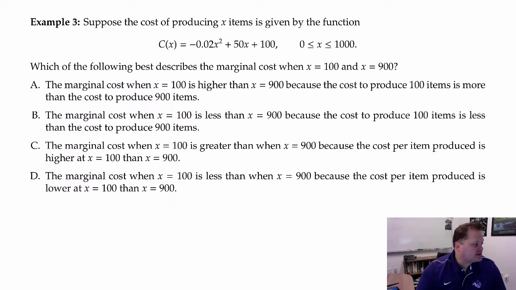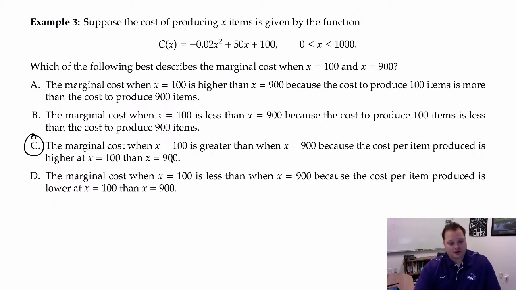But what we have basically here is an understanding of what's going on in terms of producing items. The idea is, as you produce more items, the cost to produce each additional item goes down. That's why factories are useful. So the correct answer here turns out to be C. The cost to produce an additional item at a production rate of 100 items is greater than the cost to produce at 900 items, because the cost per item produced is higher at 100 than it is at 900.